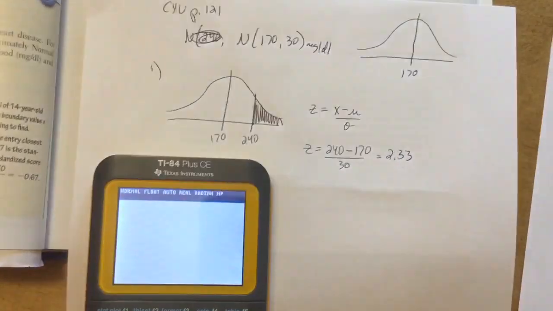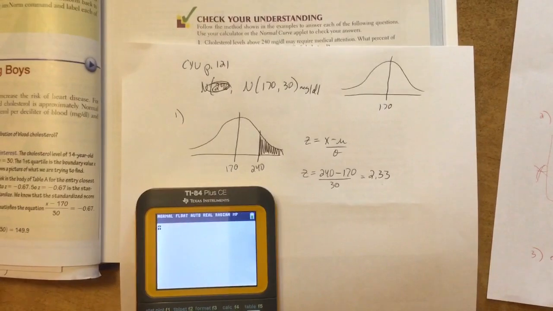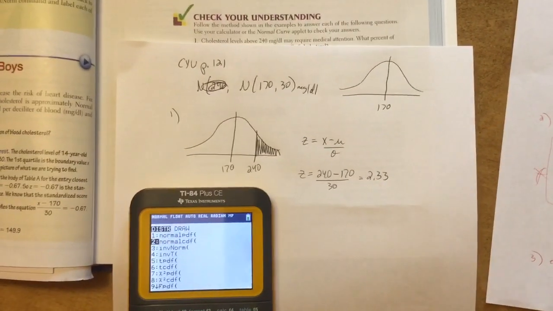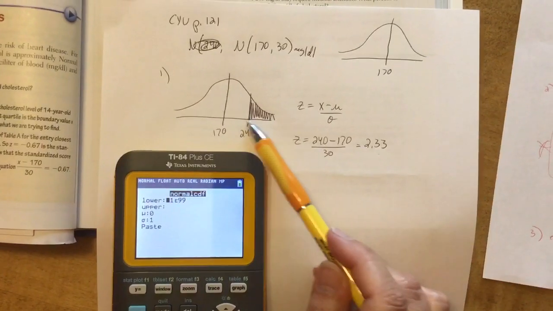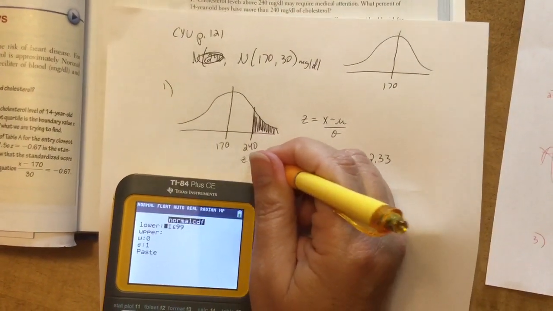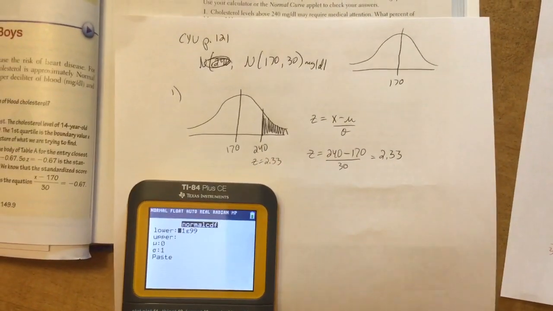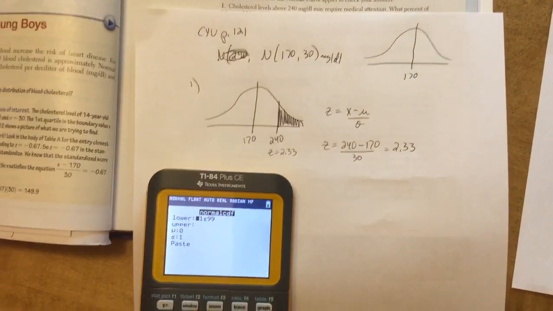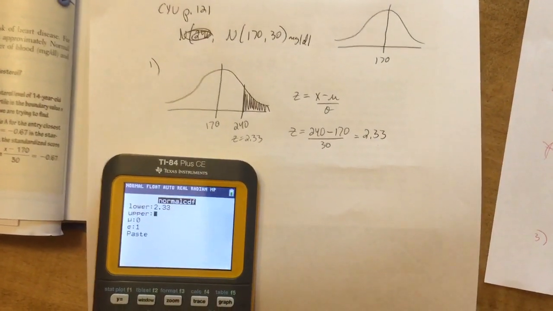Second VARS, let's go down to normal CDF. Our lowest number in our shaded area is the z-score of 2.33 that is associated with that 240 milligrams per deciliter of blood. So I'm going to put in 2.33.